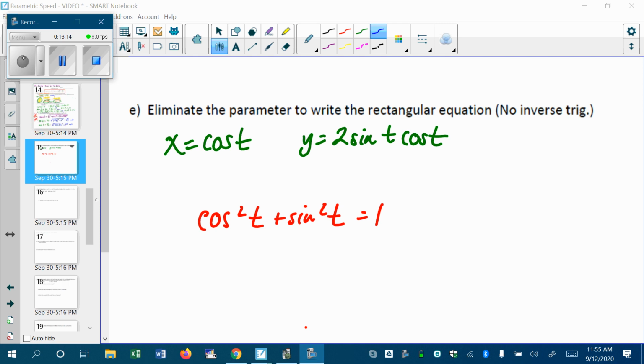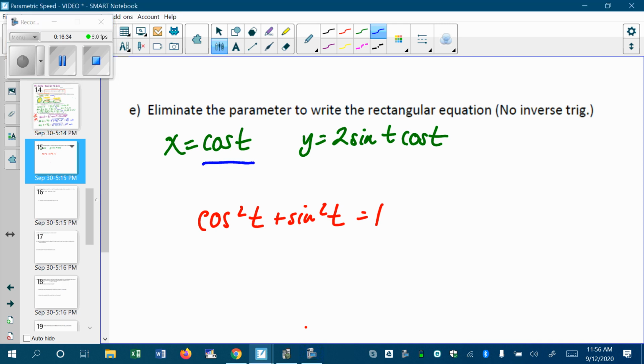Okay, so I'm writing down 1 set of parametric equations in green, and then in red, I've written down the identity that I think I'm going to make use of because I can see that both of these are mentioned, like sine and cosine, and the red is a fact I can use to get myself out of parametric. So this cosine of t is equivalent to x.